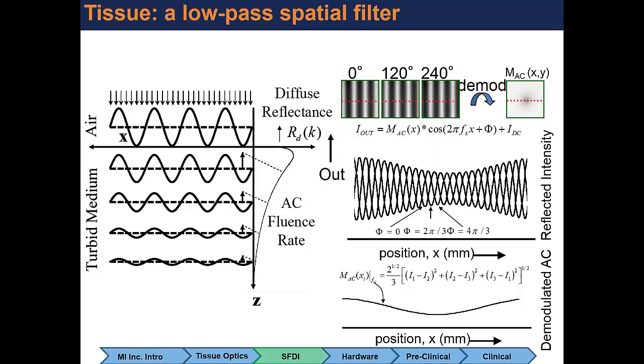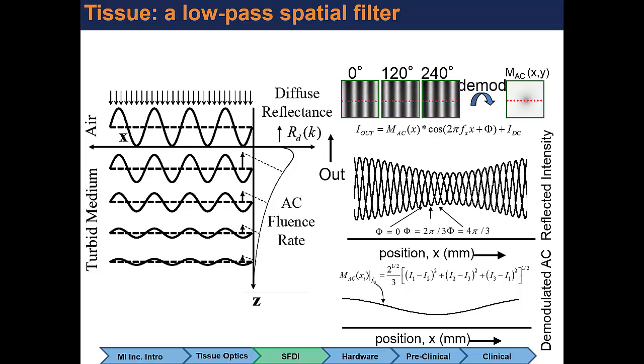And we adopt that in space instead. This is the Tony Wilson approach for microscopy that we adopted for diffuse imaging. We just project these three waves, and you have three numbers where you don't need to know the frequency. You just need to know that they're offset in phase by 120 degrees. And you can do this simple math to get an envelope function at every pixel. So that's why we illuminate with multiple phases.